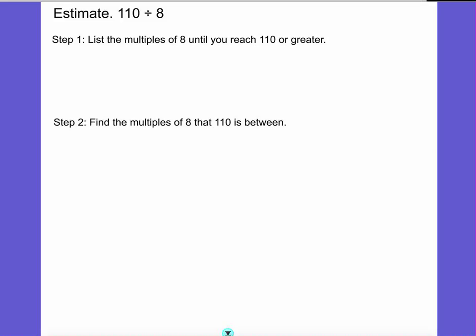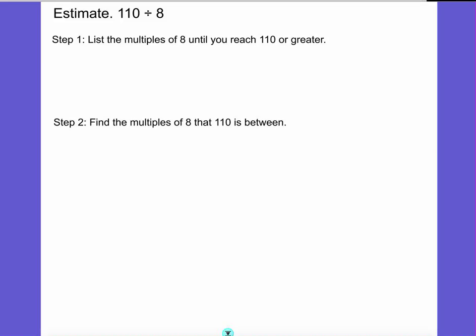All right, so we're going to try another one. I have to estimate 110 divided by 8. And again, we're going to list the multiples of 8 until you reach 110 or greater. Now, skip counting by 8 is reasonable to get up to 110 because I know that 8 times 12 is 96.